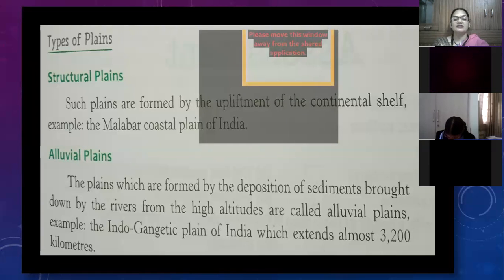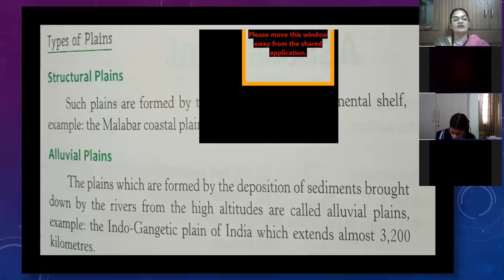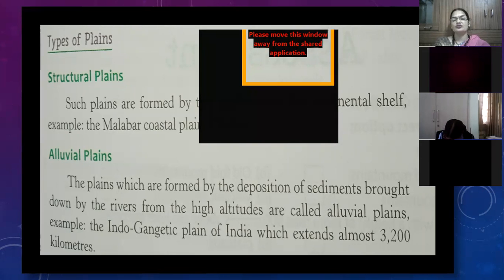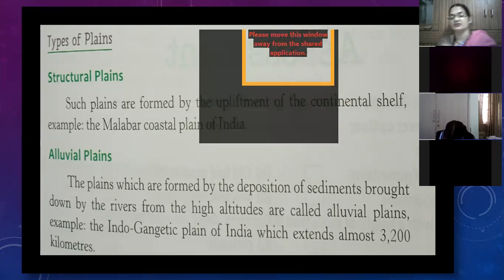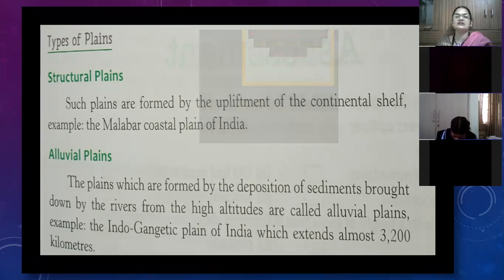Then alluvial plains. Alluvial plains are in the northern part of India at the foothills of the Himalayas. Plains which are formed by the deposition of sediments brought down by rivers from the high altitudes are called alluvial plains. They are formed by the deposition of sediments brought by big rivers such as the Ganga and Brahmaputra.